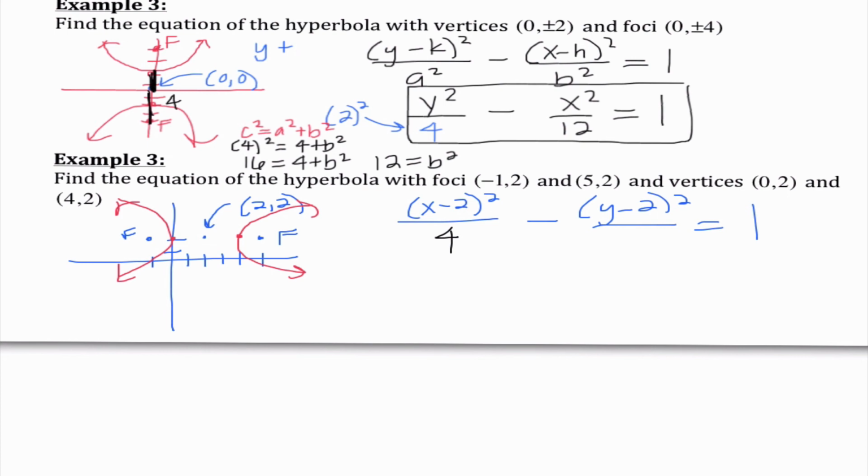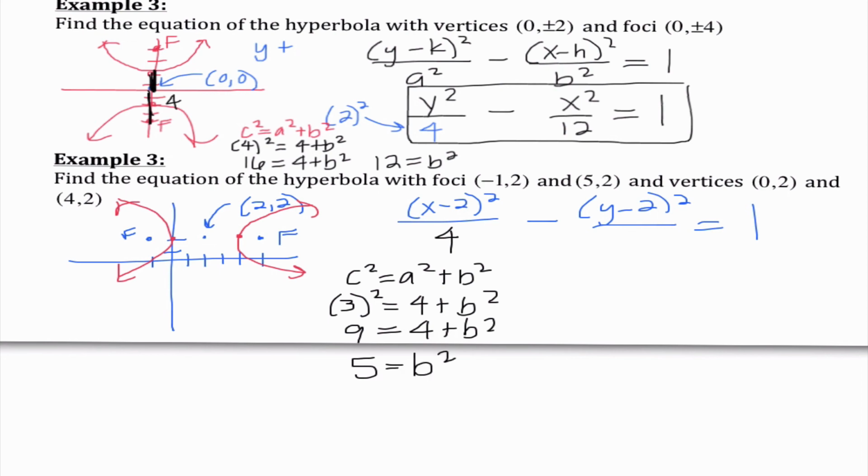The other thing that we know is that the foci are 1, 2, 3 away. So I'm going to say c squared equals a squared plus b squared. So 3 squared equals 4 plus b squared. So 9 is 4 plus b squared. So 5 has to be our b squared term. So that would be our equation.